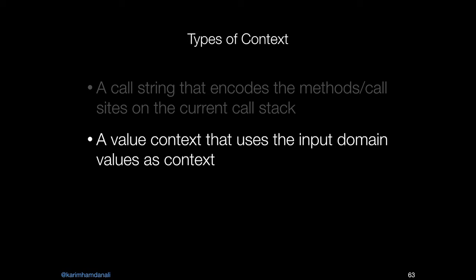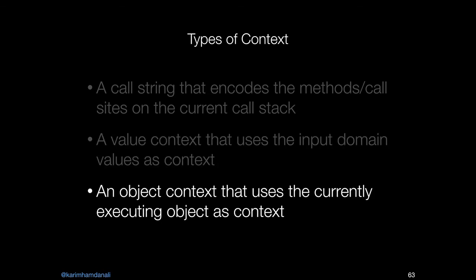So instead of just saying, well, this is where I got here, depending on the call stack, basically encoding the call stack as a string, you have values that describe what is the input domain from your lattice that brought you to that point. Or alternatively, it could be some object context such that the currently executing object is the context that I'm going to use.